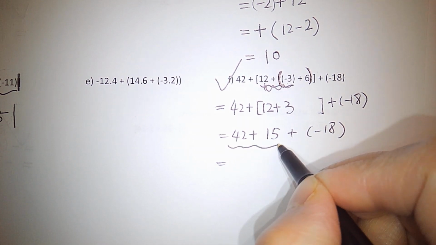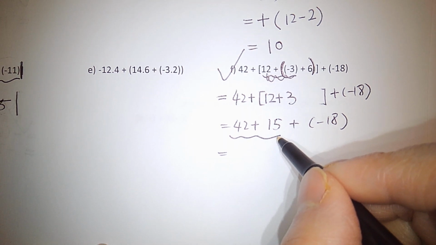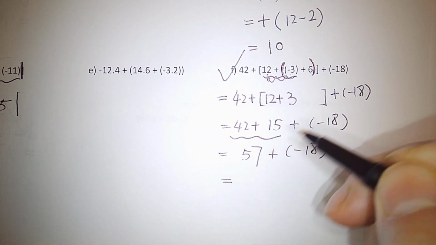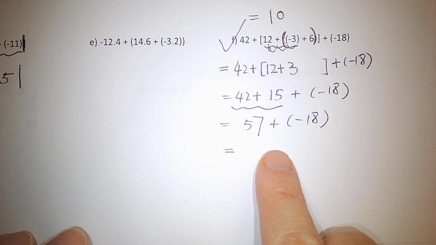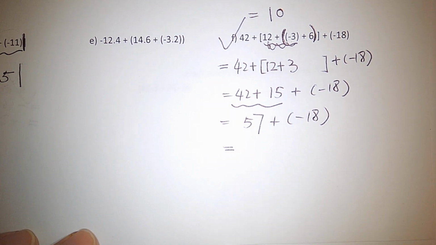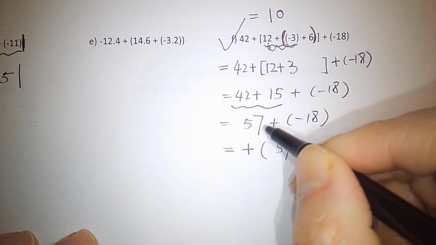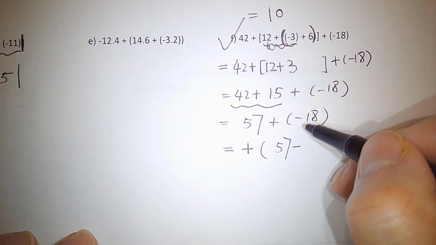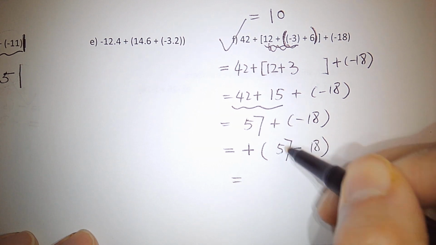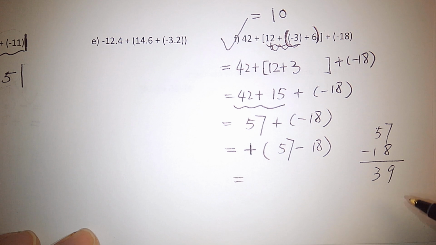So do it from left to right. 42 plus 15 is 57, plus negative 18. 57, the sign dominates the result, so it's going to be positive. And then we use the absolute value of 57 minus the absolute value of negative 18, which is 18. What is 57 minus 18? 39, right?